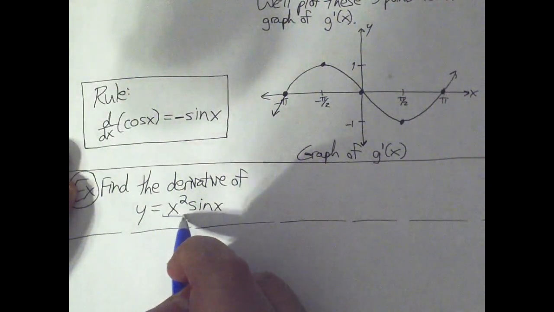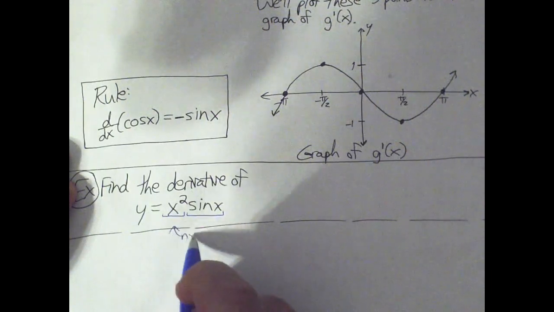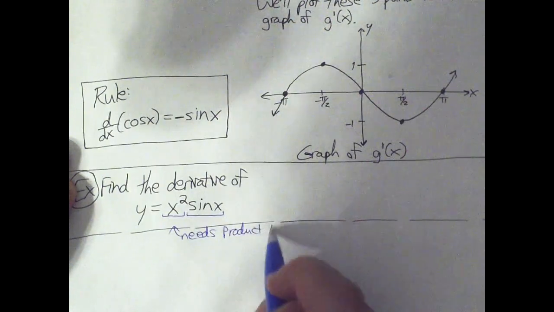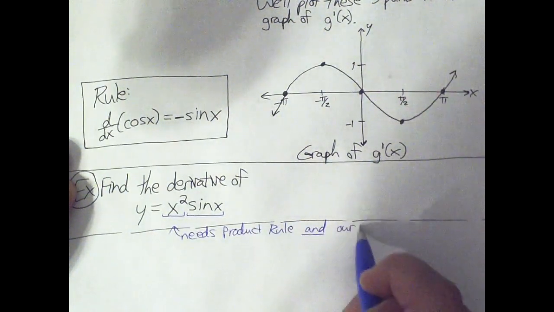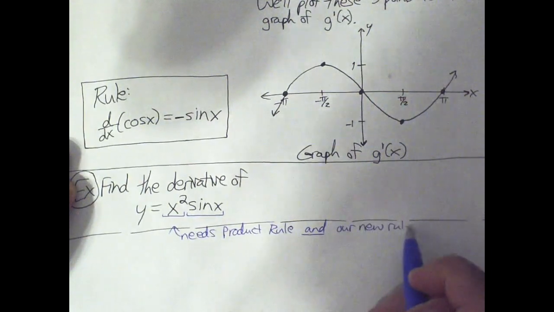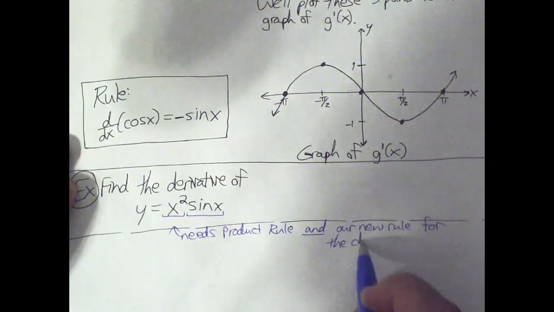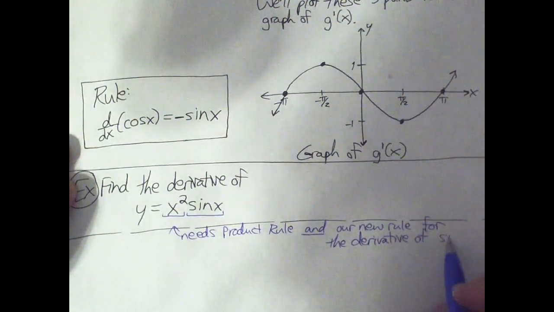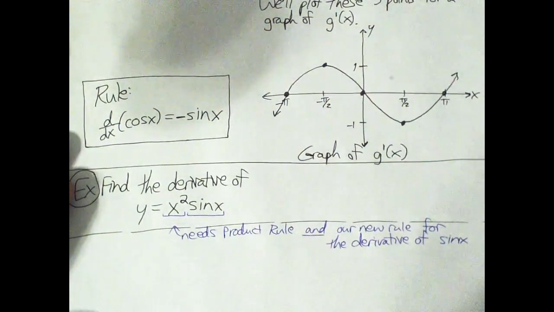So this needs product rule and our new rule for the derivative of sine. That's what I mean about combining new rules with old rules.